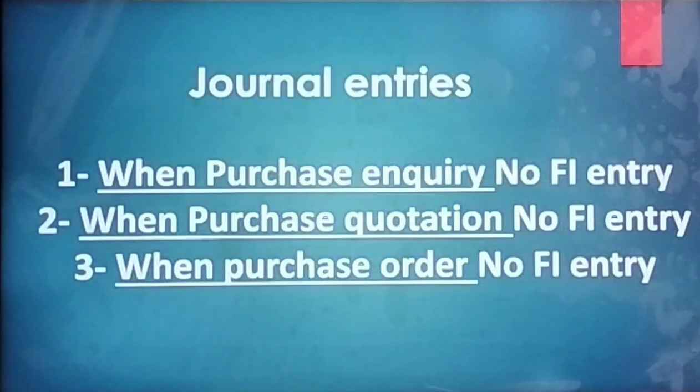As for the journal entries: when the purchase enquiry or the purchase requisition is started, there will be no journal entries, and even when the purchase quotation is created, there will be none. When the external document, the purchase order, is approved, there is also no financial implication.